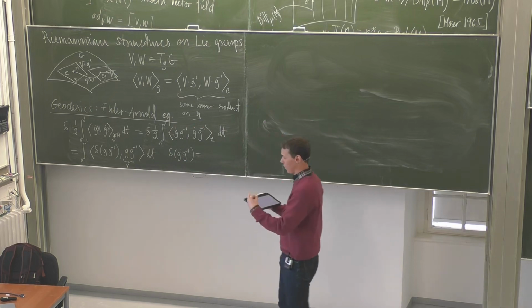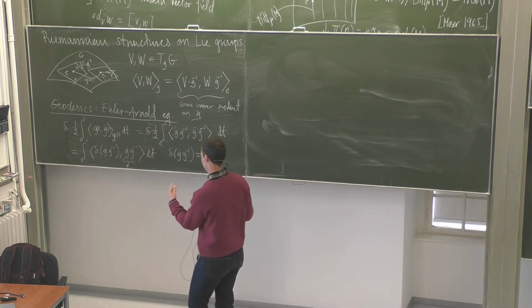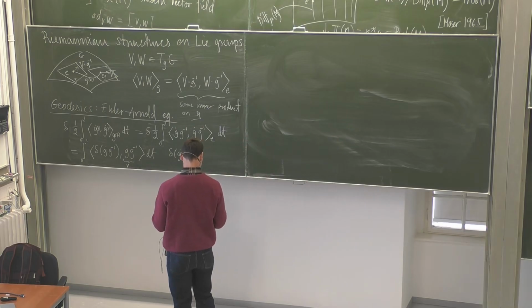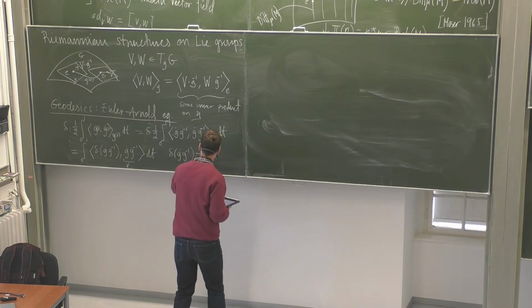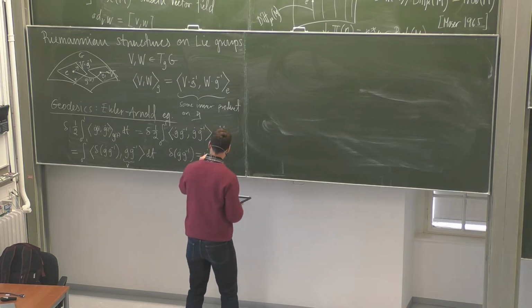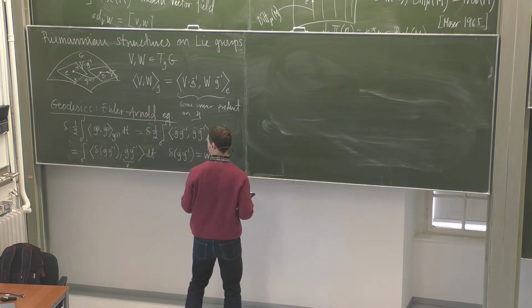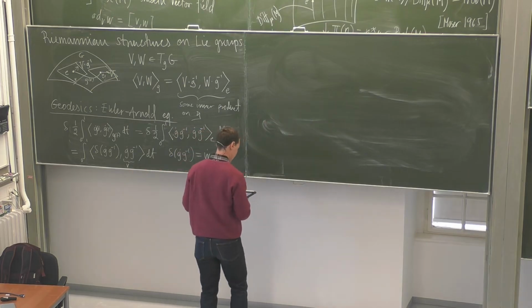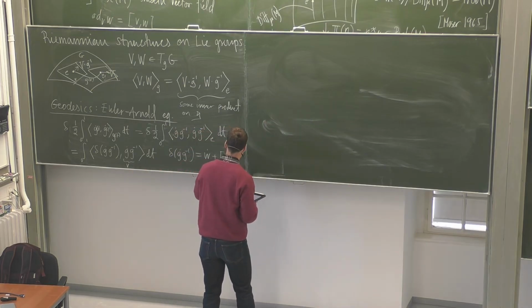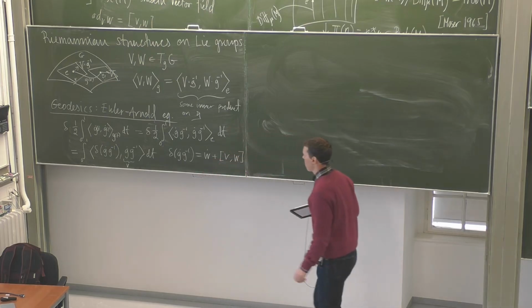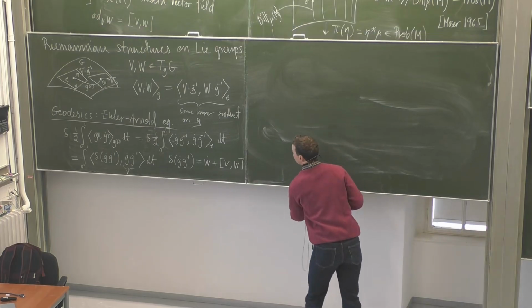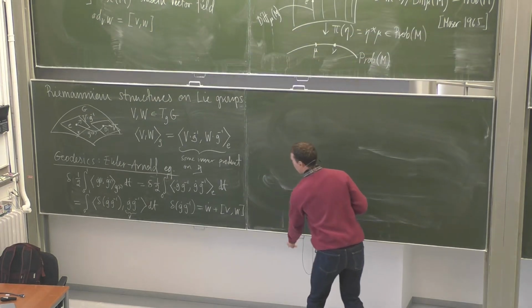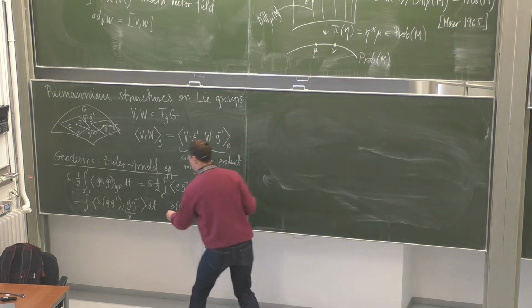If the variation is generated by W, then this is going to be W dot plus the Lie bracket of V with W. It takes a calculation to show that. And once you have that, you can continue.